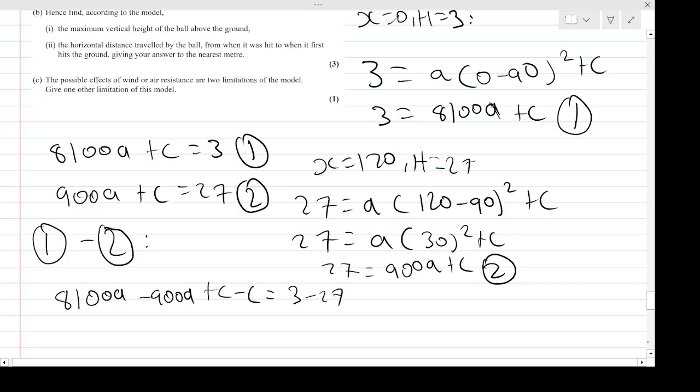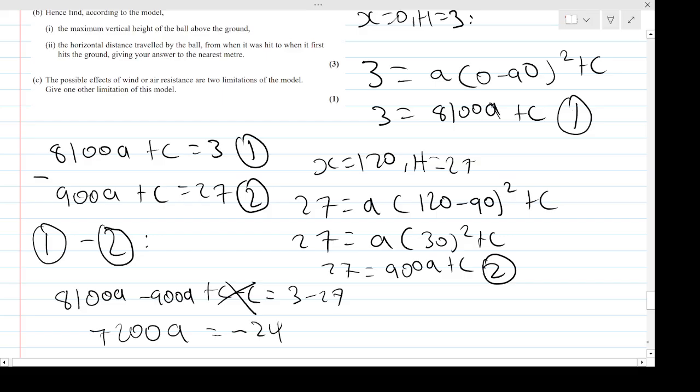So then 8,100a take away 900a, that's 7,200a. And then plus c take away c goes away, which is what we wanted. So essentially we're taking them away. I didn't need to write this, but anyway, so that's 3 take away 27. That's going to be take away 24.